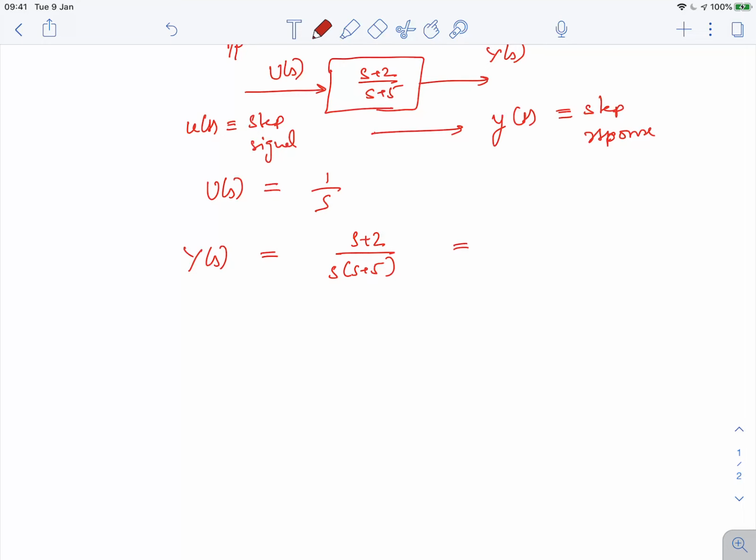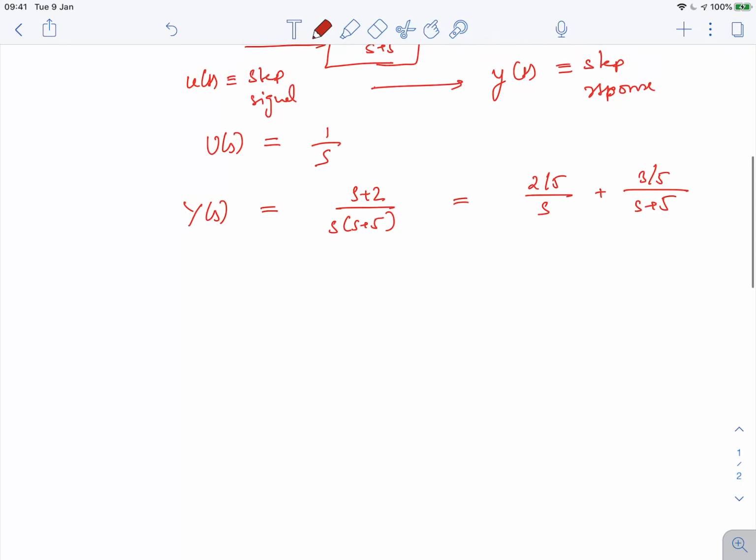So doing the partial fraction of this expression, I would get 2 by 5 of s plus 3 by 5 over s plus 5. You can obtain this by using the partial fraction, and finally y of t I would obtain is 2 by 5 plus 3 by 5 e to the power minus 5t.